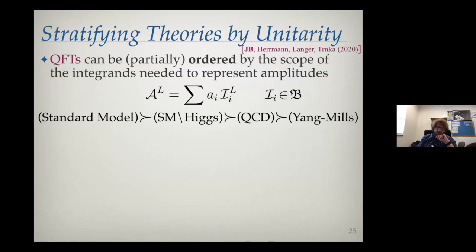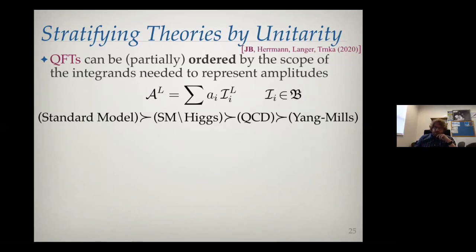And these inclusions, or these partial orderings, are all completely intuitive and trivial. The standard model has more Feynman diagrams than the standard model without the Higgs. So every ordering on this top line here just represents a strict subset of Feynman rules. So it's completely trivial that you need fewer Feynman diagrams to talk about Yang-Mills than you need for the standard model.